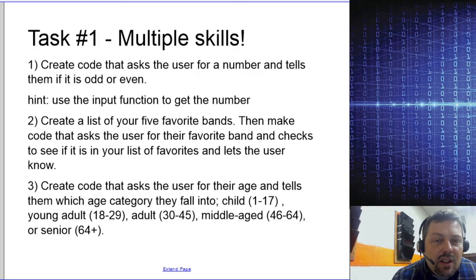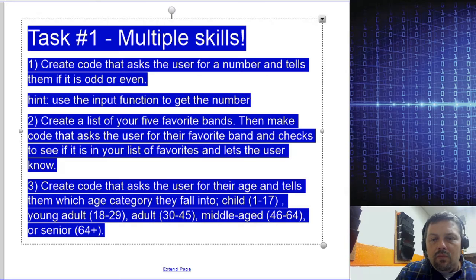Use the input function to get the number. Create a list of your 5 favorite bands. Make code that asks the user for their favorite band and checks to see if it's on your list and tells them if it is or not. And create code that asks the user for their age and tells them which age category they fall into. So pause the video, see if you can accomplish these tasks, and then start.